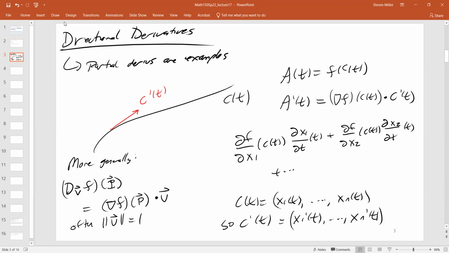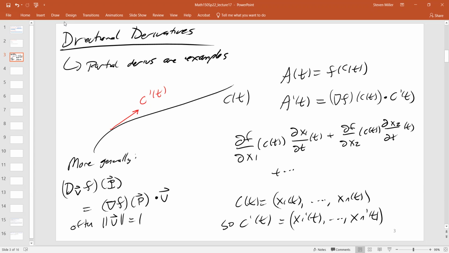Or you can imagine we're walking along some path c of t. And at that moment over here, c prime of t, the tangent to the curve, is the instantaneous direction we're going. And when we look at the derivative, we see it's just the gradient of f dotted with c prime of t. So what this means is, if I know the partial derivatives, if I know these special directional derivatives, I can get any directional derivative.